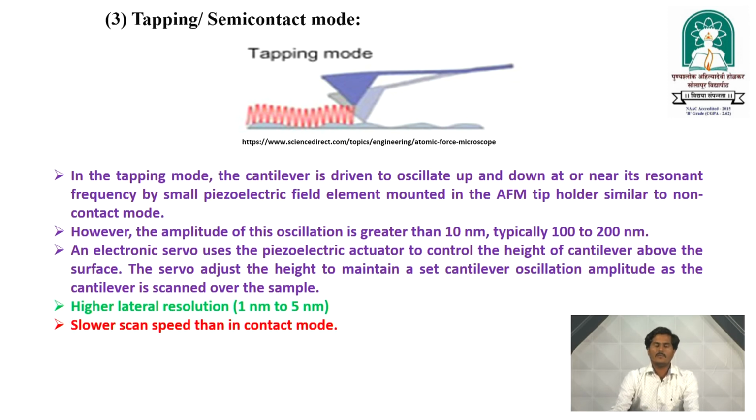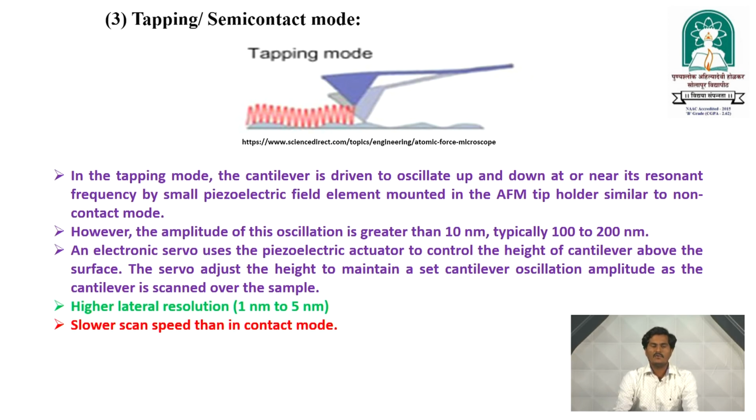However, the amplitude of this oscillation is greater than 10 nanometers, typically in the range of 100 to 200 nanometers, and an electronic servo uses the piezoelectric actuator to control the height of the cantilever above the surface of the material. This servo adjusts the height to maintain a set cantilever oscillation amplitude as the cantilever is scanned over the surface of the material.